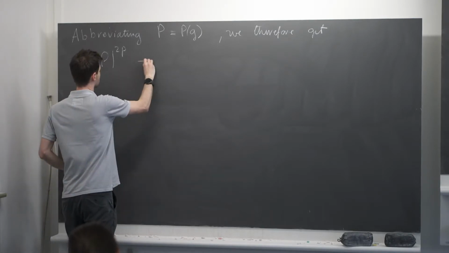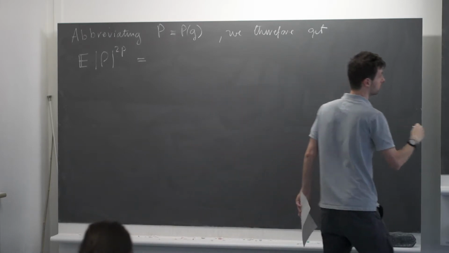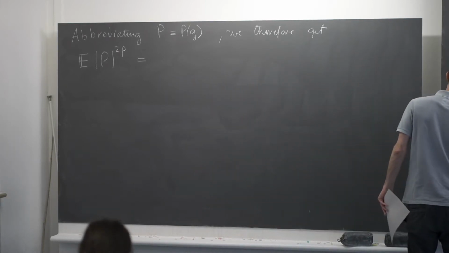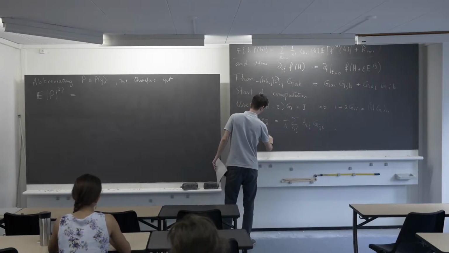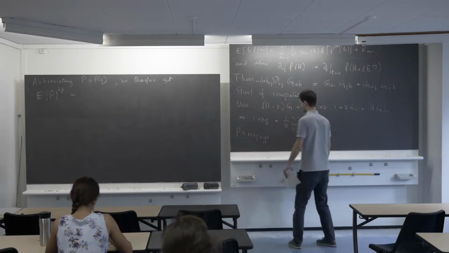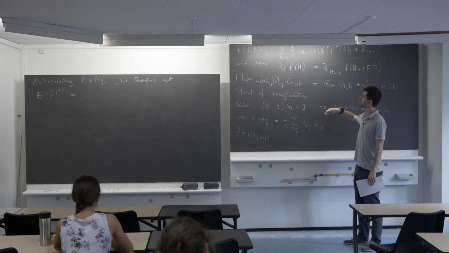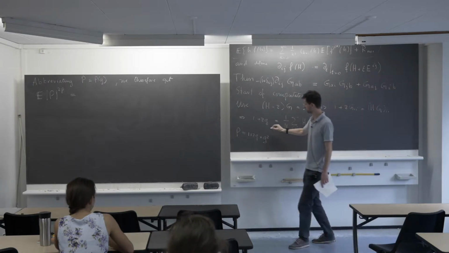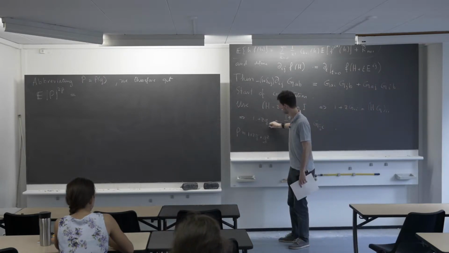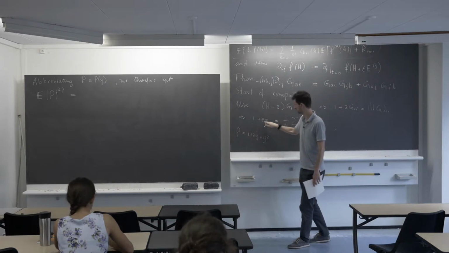And how do we involve this here? If you recall, P was 1 plus zg plus g squared. We want to get something that's amenable to this cumulant expansion, so we will rewrite this.